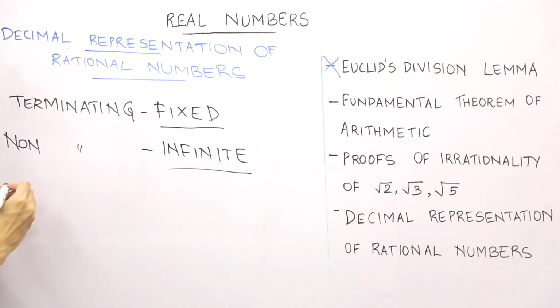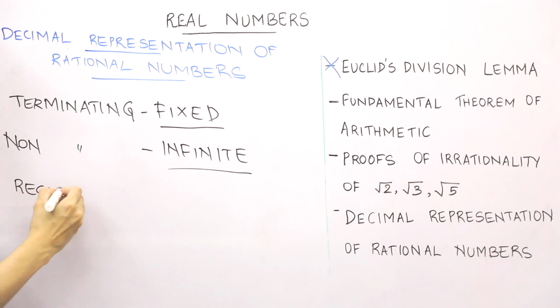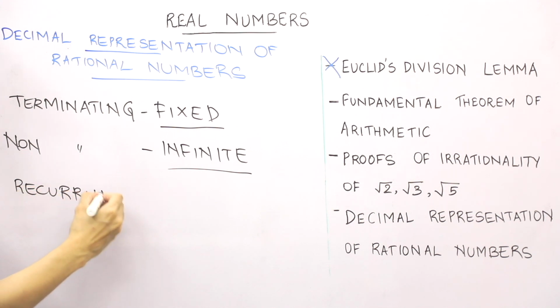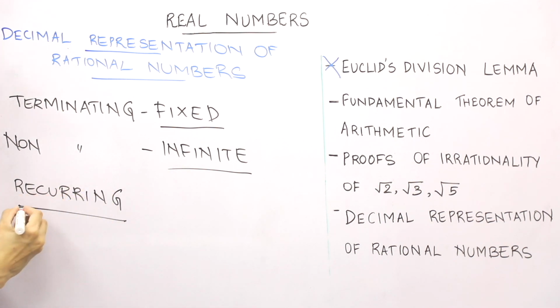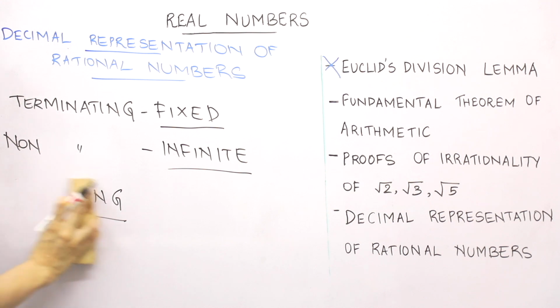Now, we've also seen something called a non-terminating recurring decimal. Non-terminating recurring decimals are those which repeat in a particular pattern infinitely. So it is non-terminating, but it's recurring, or there is a repetition of a particular pattern of digits.